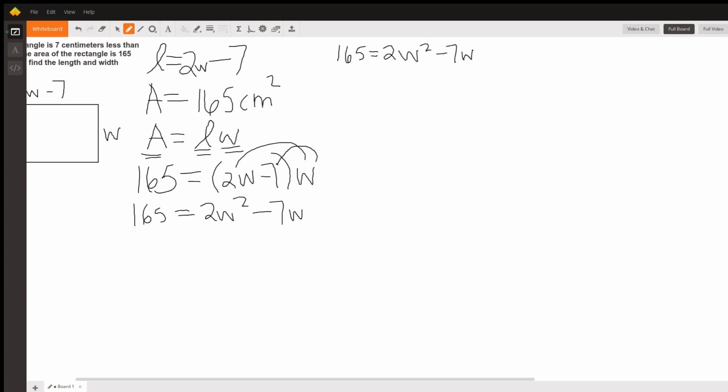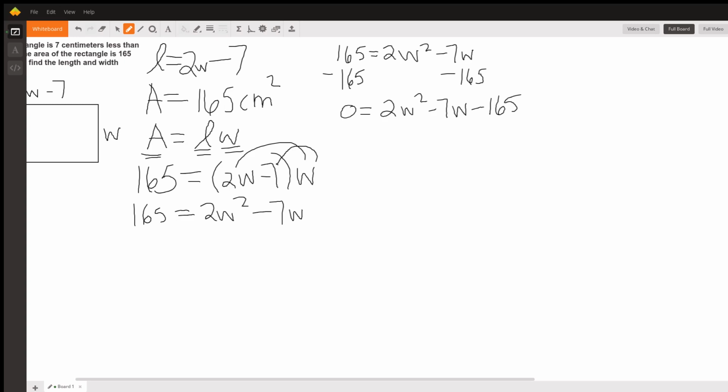So I notice this is a quadratic because of the squared term on the W, so we need to set this equal to 0. We're going to subtract 165 from the left side and the right side to keep the equation balanced. So 165 minus 165 is 0. And then we have 2W squared minus 7W minus 165.